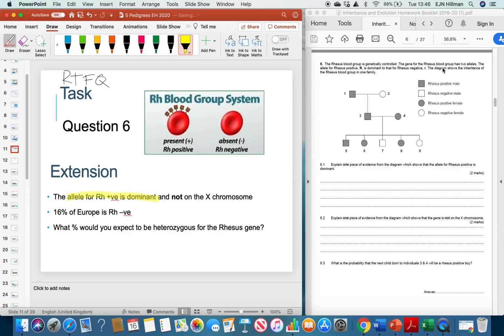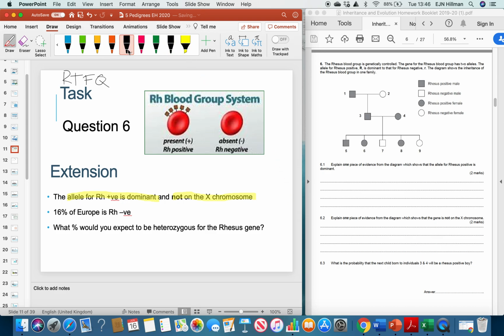Now, in your exam, you should be highlighting these things as well, or underlining them, really pointing them out. The second important part says that the diagram shows the inheritance of the rhesus blood group in one family. It also says later on that you need to explain that it's not present on the X chromosome.